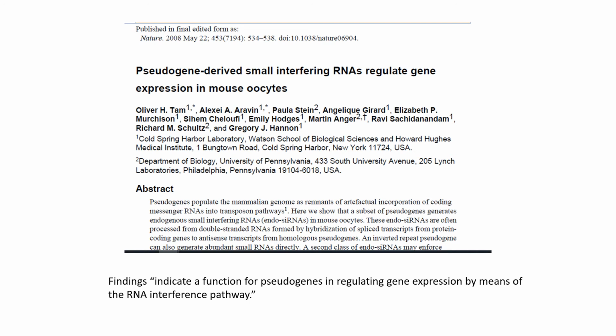So in this paper, quote from the paper, "the findings indicate a function of pseudogenes in regulating gene expression by means of the RNA interference pathway." This is a very particular way that we won't get into its details because they are very complex in terms of the molecular biology: coding from the antisense DNA strand and forming a double strand of RNA, which we thought never happened.